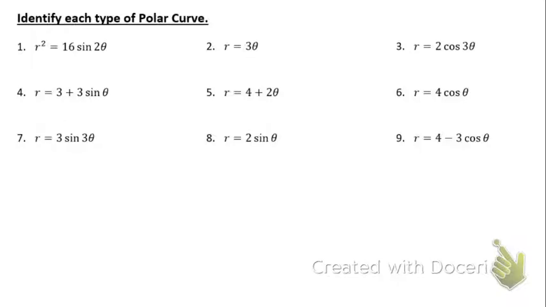What kind of graph is number 1? Yep, lemniscate. All right, so number 1 is a lemniscate. What is number 2? This is a spiral of, we pronounce it Archimedes.